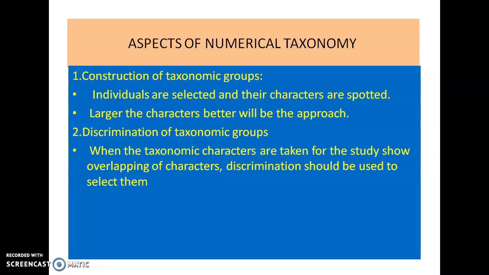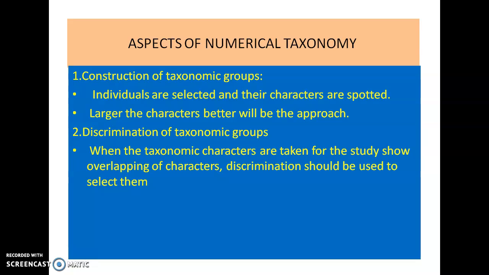I told you that numerical taxonomy is mainly concerned with classifying organisms on the basis of similarities. So if we are considering more characters, it will introduce the construction of taxonomic groups. Then discrimination. While we are considering different kinds of groups, we need to discriminate the taxonomic groups. When the taxonomic characters are taken for the study, they show overlapping of characters.